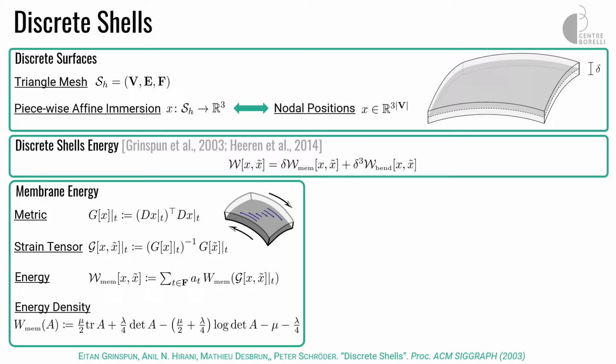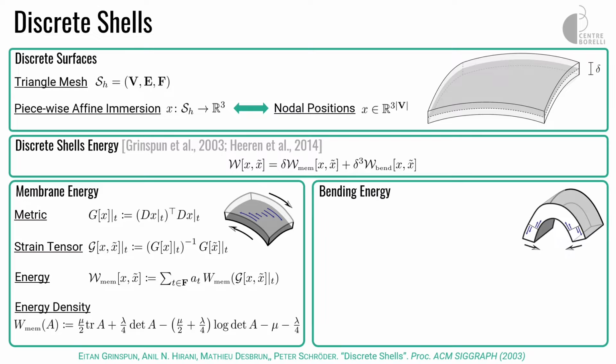Also the derivative is zero, so it's a global minimum, local and also global. And the Hessian is positive definite at this point too. So this energy would be happy if your change of metrics is identity everywhere, then it's zero. Otherwise it measures the distance to this.